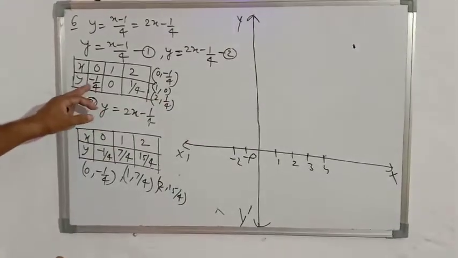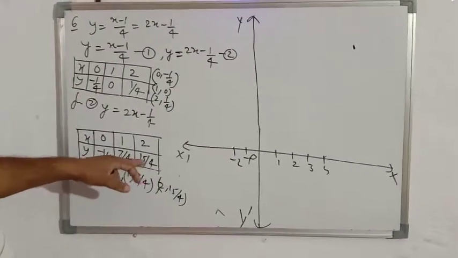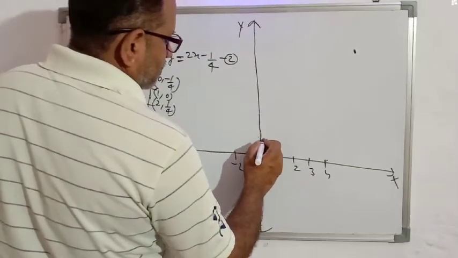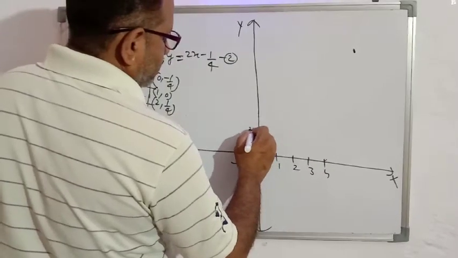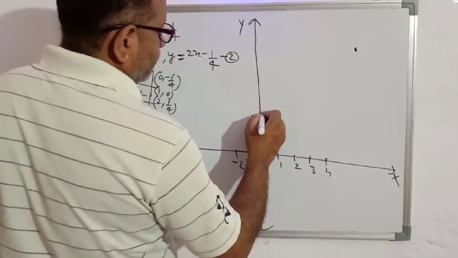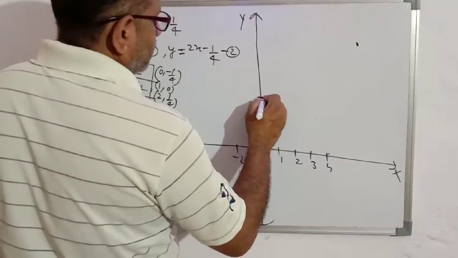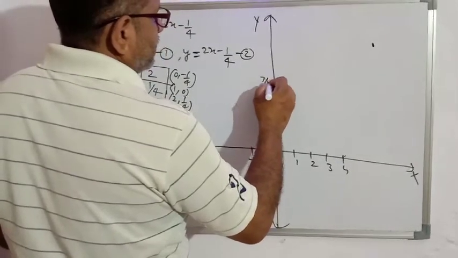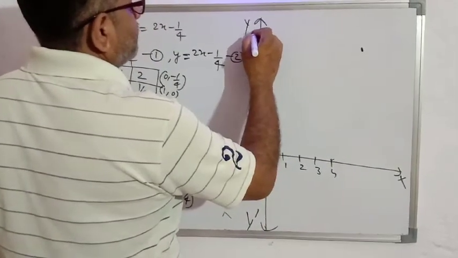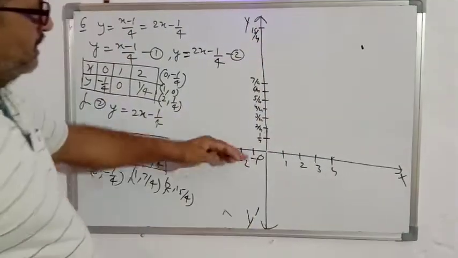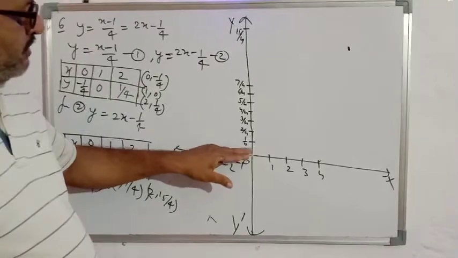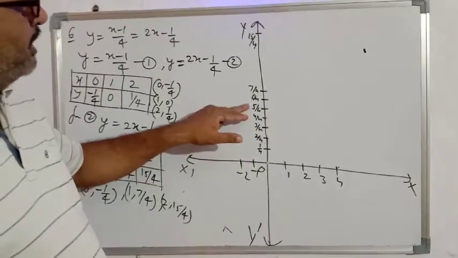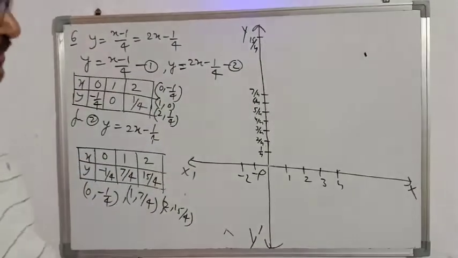On y-axis the values are coming 1 by 4, 7 by 4, 15 by 4. So we will take 1 by 4, 2 by 4, 3 by 4, 4 by 4, 5 by 4, 6 by 4, 7 by 4 like this, up to 15 by 4, taking let 1 centimeter or half centimeter for each.